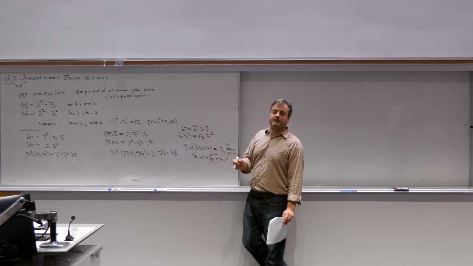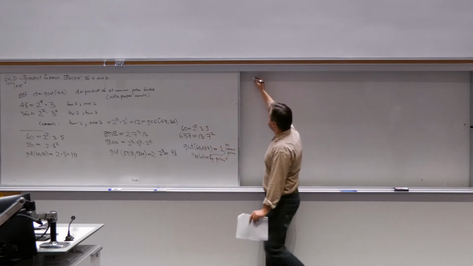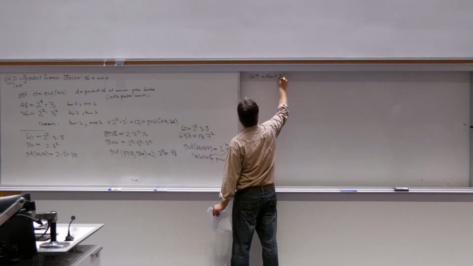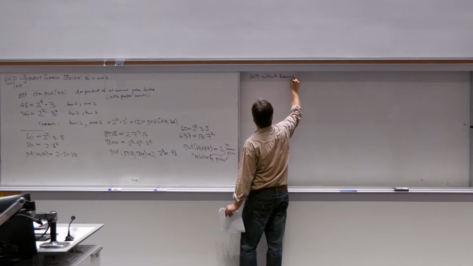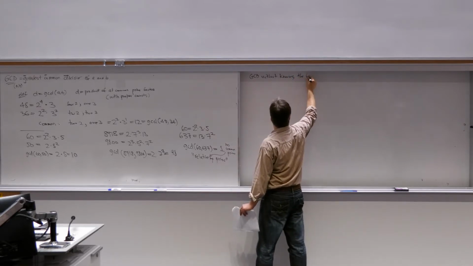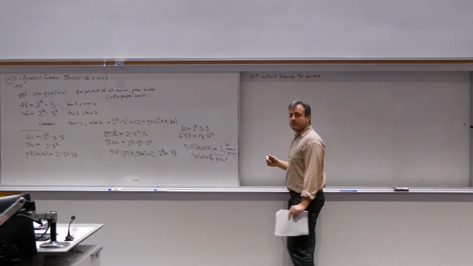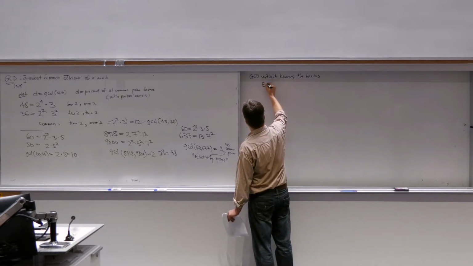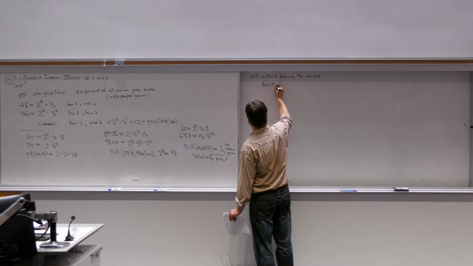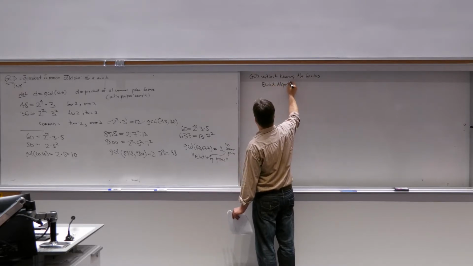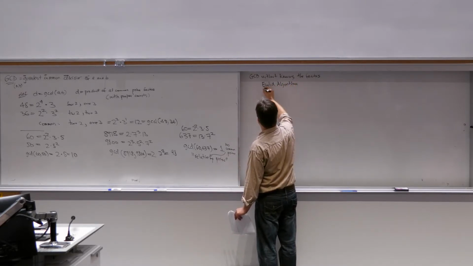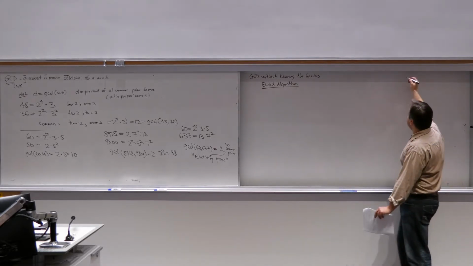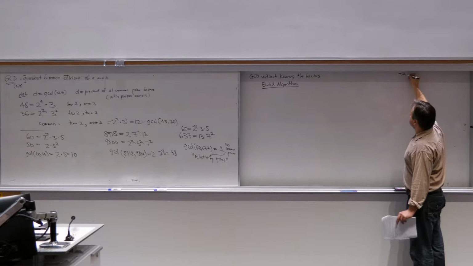What if I don't know the factors? GCD without knowing the factors. Anybody knows this algorithm? Euclid's algorithm? Euclid. So Euclid made the following observation, which is a theorem.